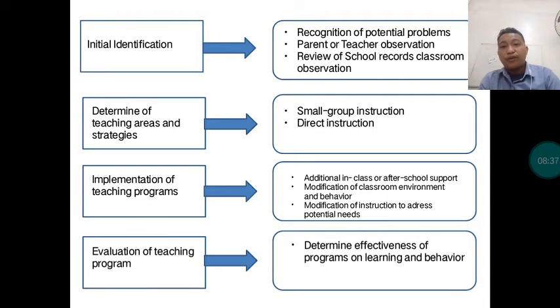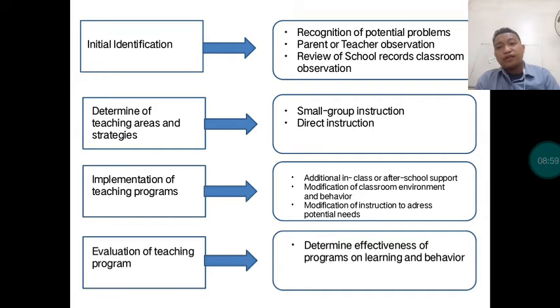Also the parent or teacher observation, the review of school records, and classroom observation. The way they act, the way they answer, the way they cooperate, we need to review their past classroom observation.